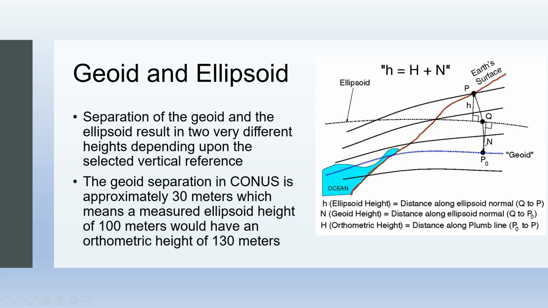When you're doing any kind of survey, you have to understand if you're working with an ellipsoid height or a geoid height, because they're two massively different numbers. The orthometric height is basically the difference between both of those. Your geoid height is basically the difference between your ellipsoid and your geoid at that coordinate point.